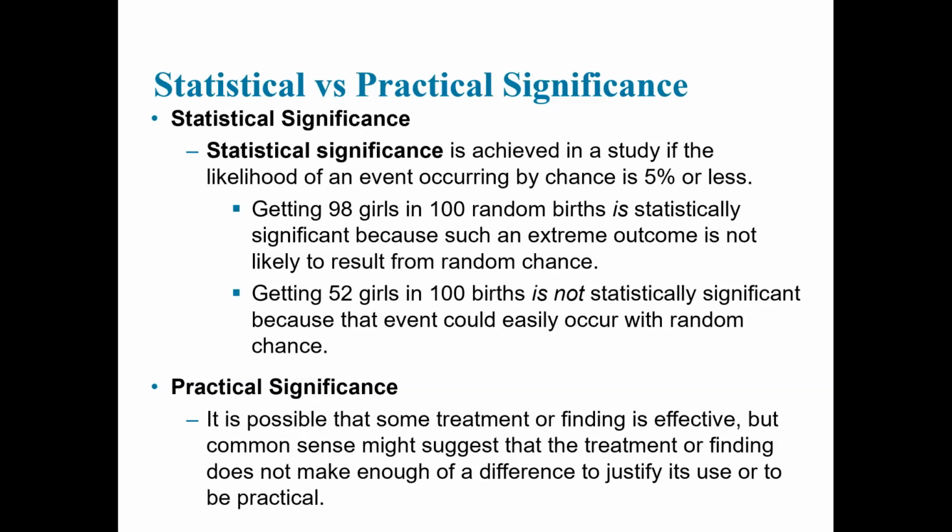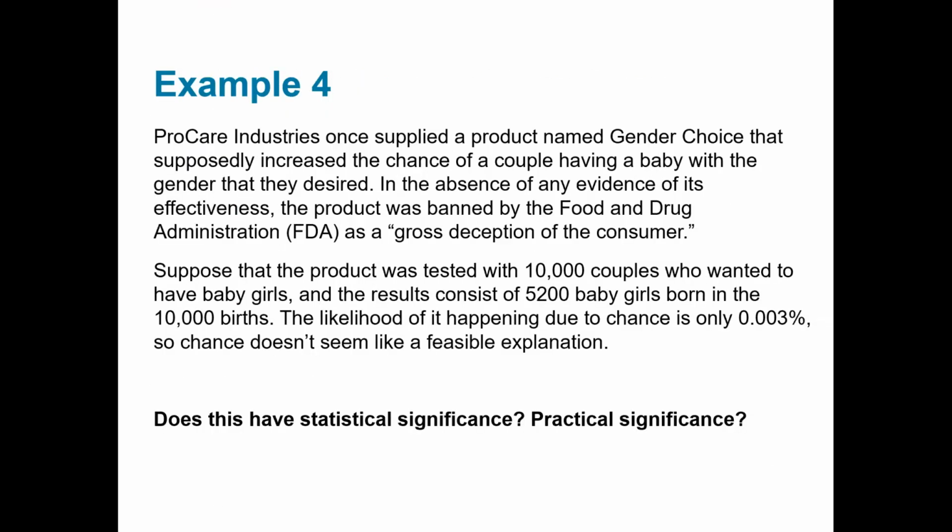Now, first we determine if something has statistical significance, but then maybe it has that, but it doesn't have practical significance. It might not be worth the trouble, the money, or make enough of a difference to justify its use to be practical. Let's take a look at an example.